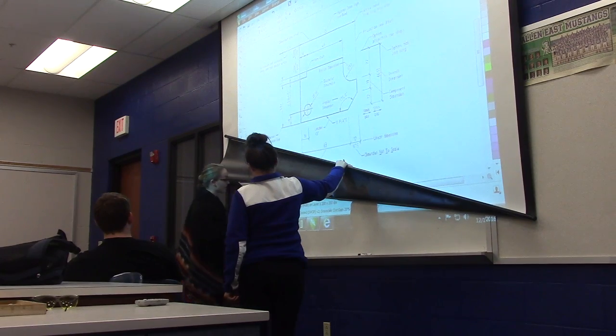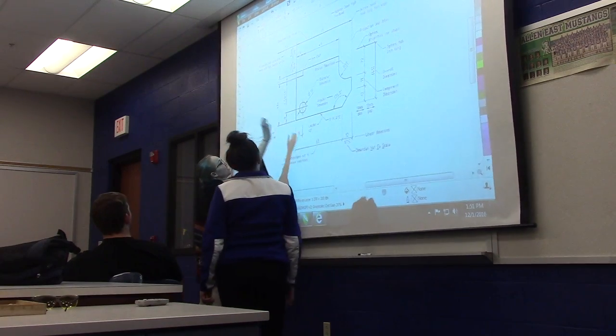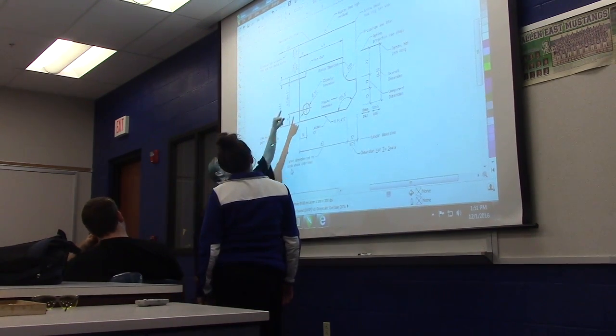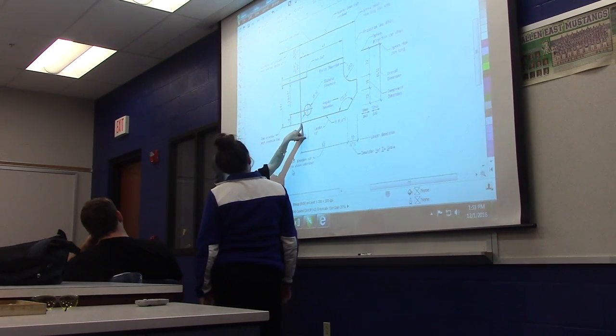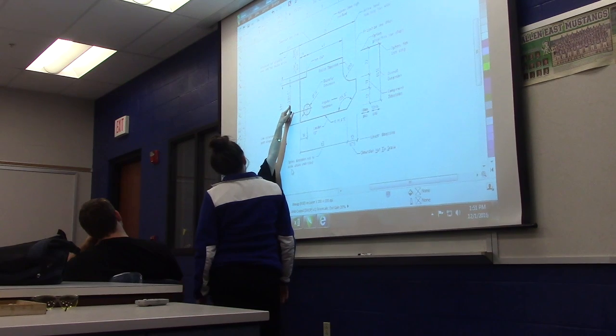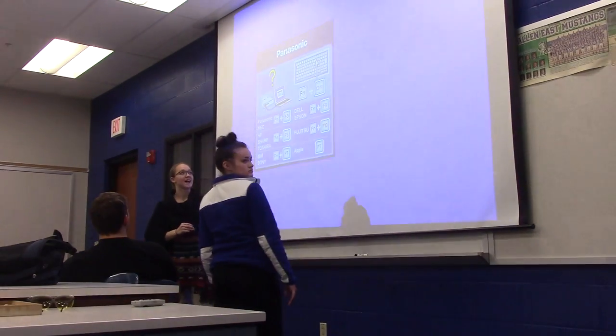Because this drawing is so massive, with 63 inches here and 75 inches there, it had to be scaled down to fit on a piece of paper, and the ink probably makes it look like a solid edge. But this is letting you know that there's actually a 1/2 inch rounded edge right there, at 45 degrees, which is basically telling you how to set everything up.